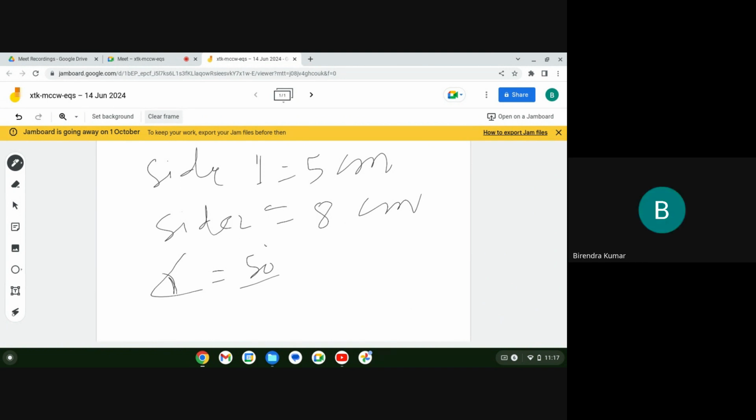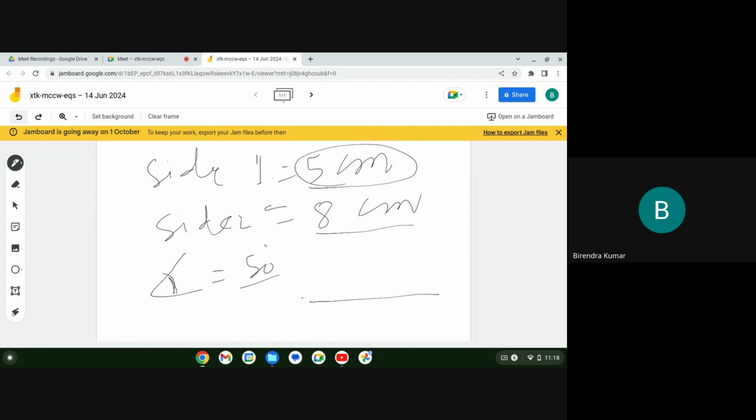Now keep aside all your worries about it, and we'll keep it simple. I have two sides. I will just draw 8 centimeter, let's say. And I have the second side as 5 centimeter.